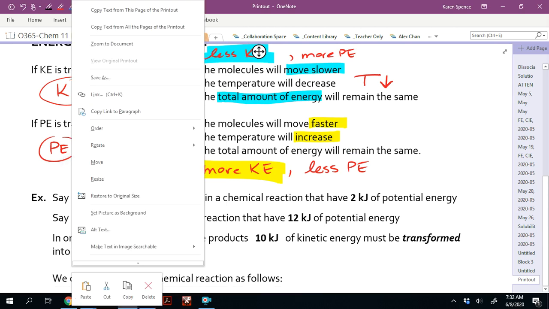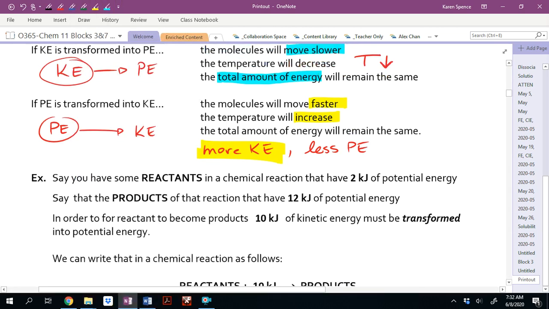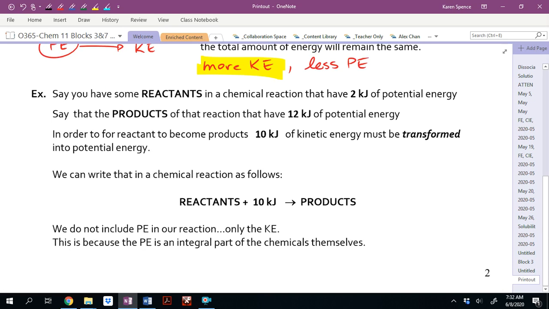So let's look at this in the context of a chemical reaction. Say you have some reactants. Here are our reactants, and those reactants have 2 kilojoules of potential energy, just because stored within their bonds and stored within the electrons of that atom, there's 2 kilojoules that could be released or could just be hung on to.